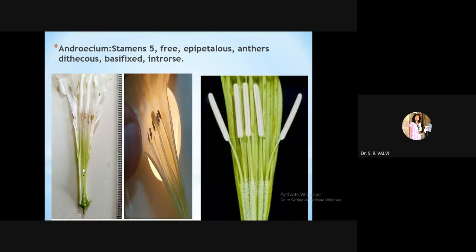Now, student, again one more trick. If your flower is in gamopetalous condition, compulsorily the stamens are located inside, within that particular flower. If the flower is polypetalous, at that time the stamens come out.